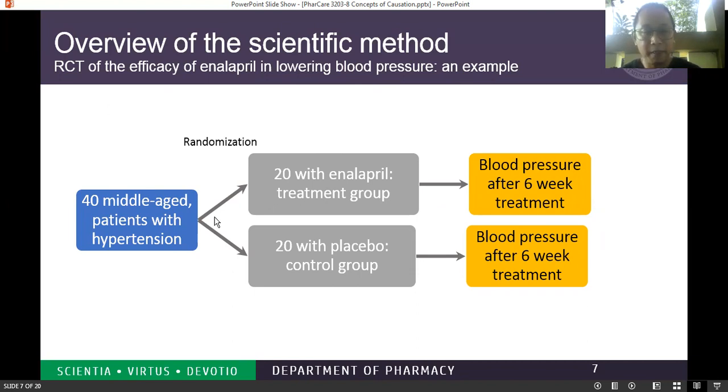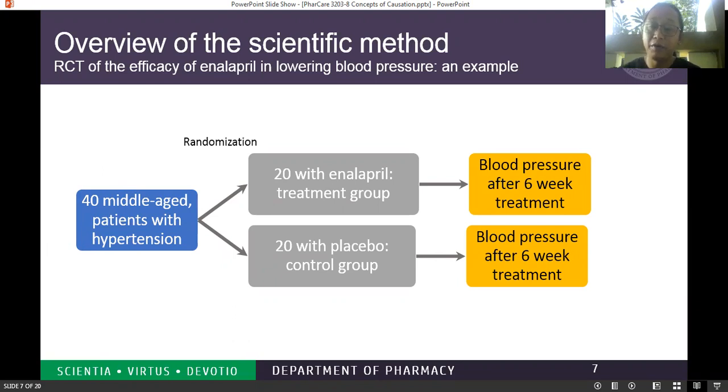For example, our population of interest to test the enalapril is middle age patients, so patients with hypertension to be exact. Then we open a registration to participate in this trial.